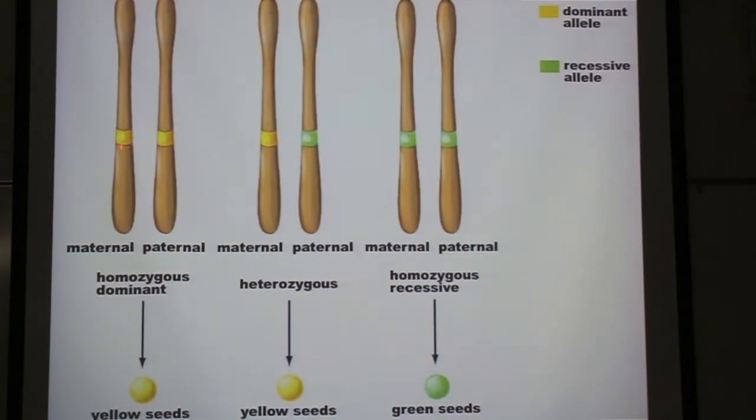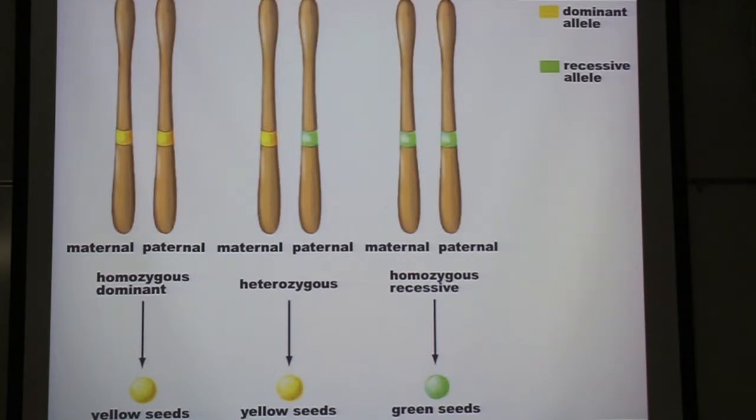So if you got this chromosome from mom and this one from dad, and you had a copy of that and a copy of that, that's the same copy, that would give you yellow seeds. Notice over here, this one has one of each. Okay, so from your mom, which is the maternal side, you have the gene that gives you yellow, and over here you have the green, which would give you green on the paternal side.